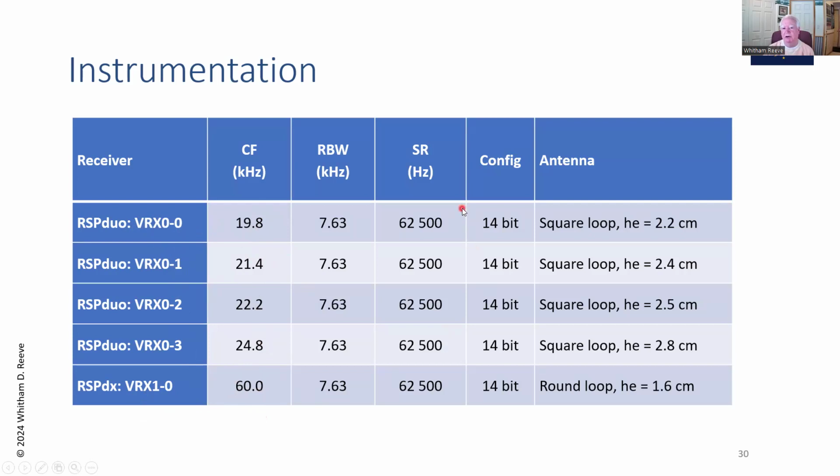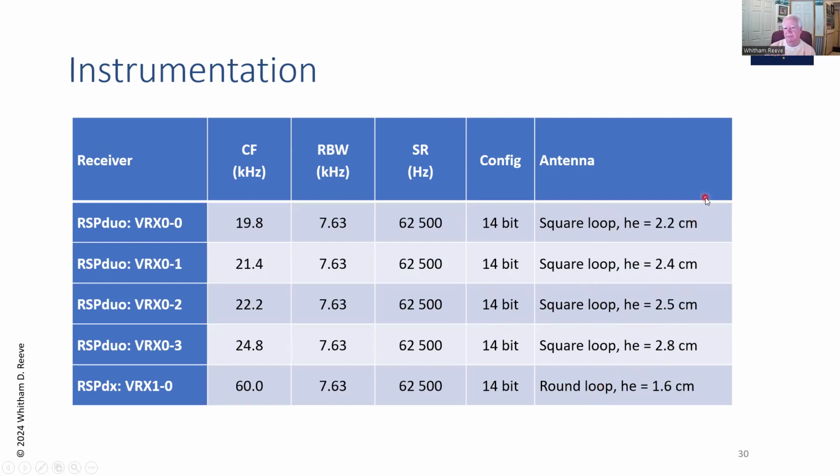I used the 2 megahertz basic sample rate, but then I used a 32 times decimation. So that brought the effective sample rate down to 62.5 kilohertz. These are 14-bit receivers, and I use a square loop, which I'll show in just a minute, with the RSP Duo, and I had a separate round loop that I used with the RSP DX.